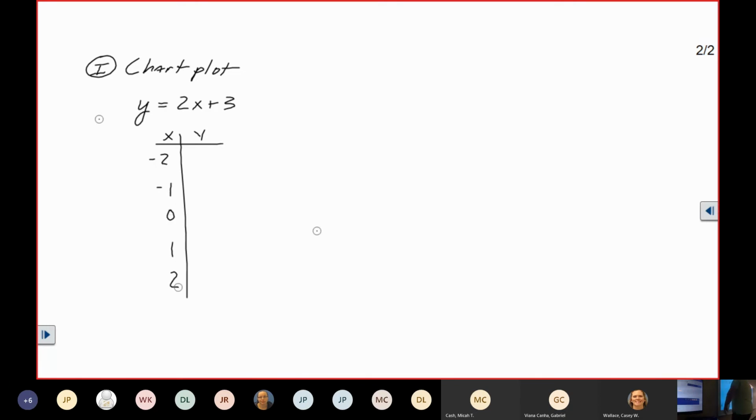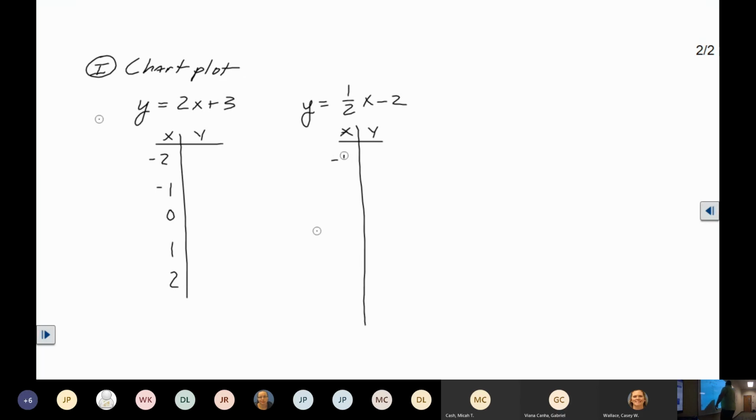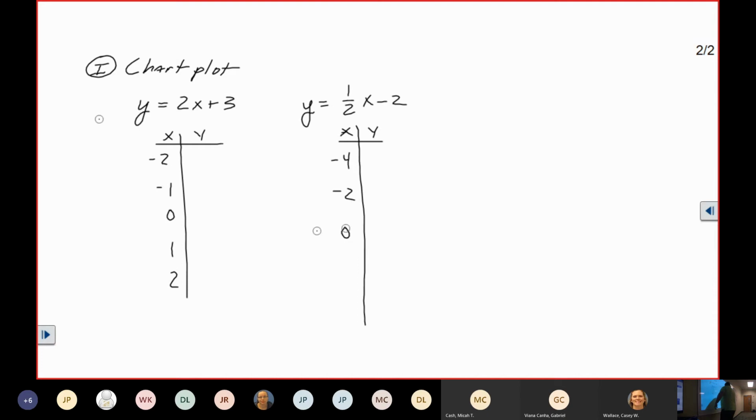If this is a fraction, you pick multiples of the denominator. So I'm going to do another one over here. y is equal to 1/2 x minus 2. I'd pick -4, -2, 0, 2, and 4. If that was a 3, I would pick -9, -3, 0, 3, and 9.